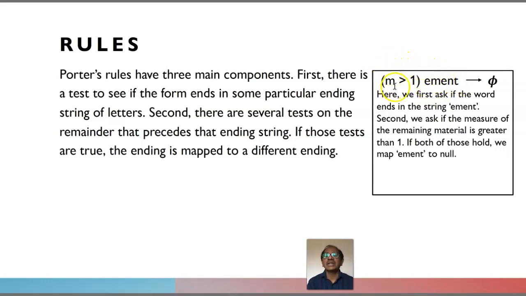And look at the stem, entertain. You have VC sequences: EN, ER, IN, again 3. So M is more than 1 there, and the ement becomes null, giving entertain.